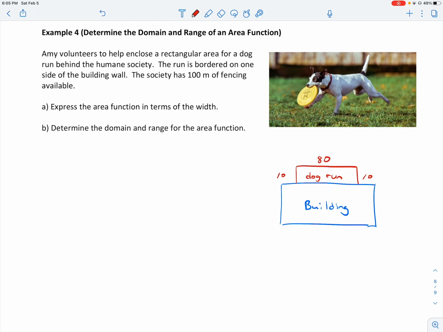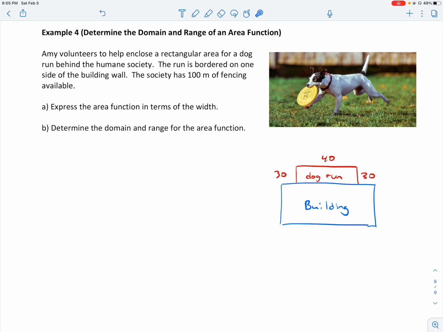That's one combination. They could also do something like maybe 30 here, 30 here, that adds up to 60. So there'd be only 40 left. And there could be that combination. Either way, those dimensions are going to represent an area on the inside of here.